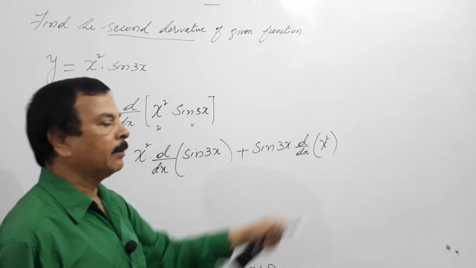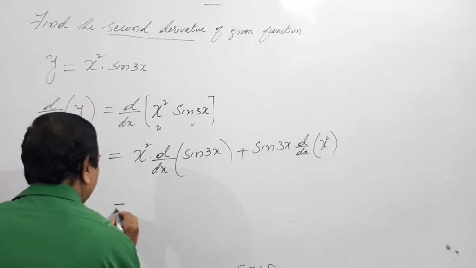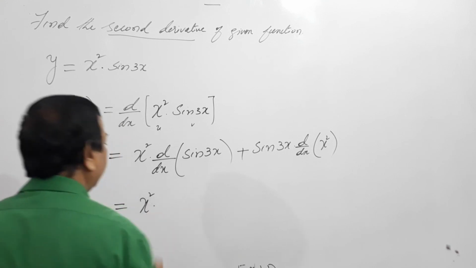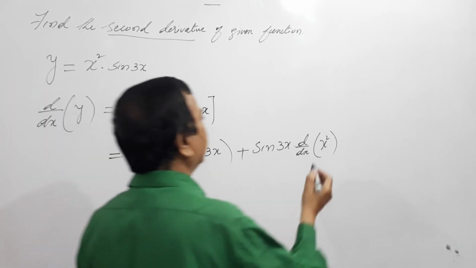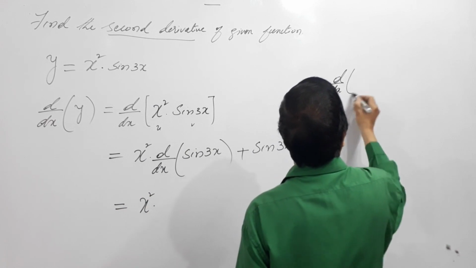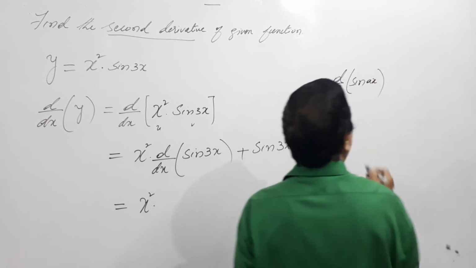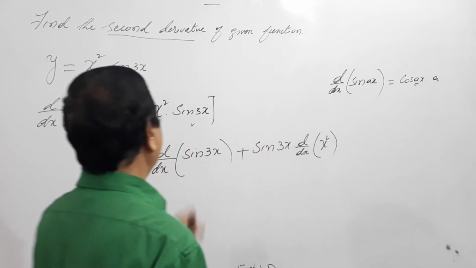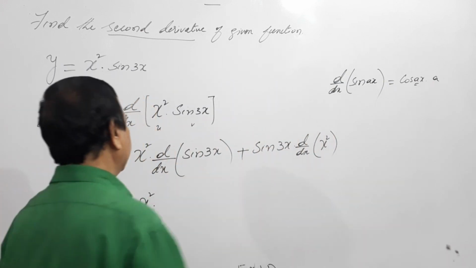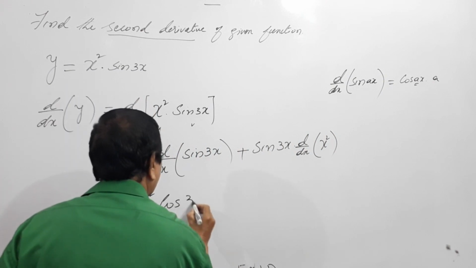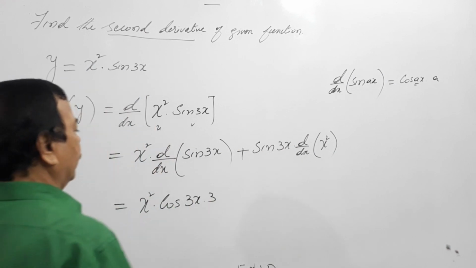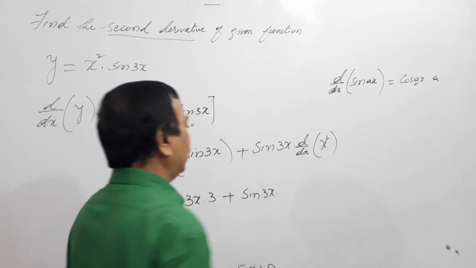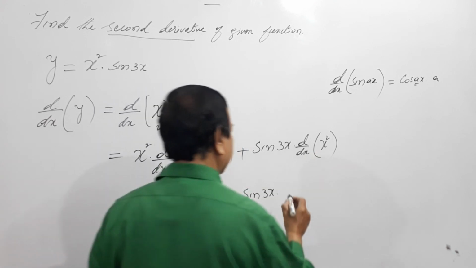Differentiating sin ax gives cos ax into a, and here a is 3. So this becomes x square into cos 3x into 3, plus sin 3x into d by dx of x square. Differentiating x square, you get 2x.